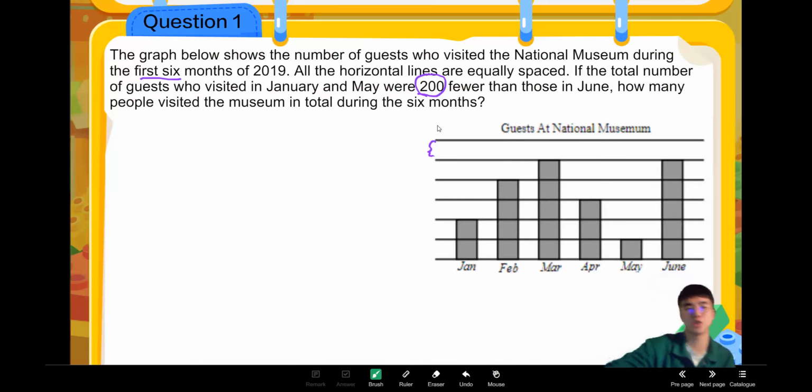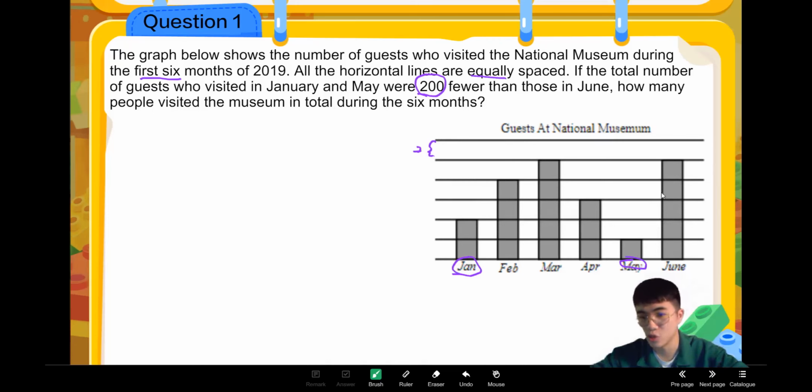So now, students, it tells us that each horizontal line is equally spaced, and the total number of guests in January and May were 200 fewer than in June.